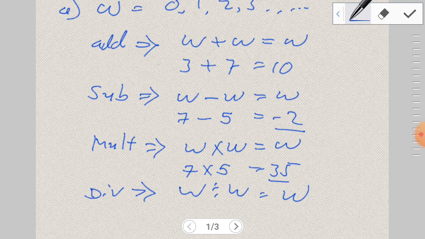Like if we divide 5 by 2, it is 2.5, or we can say 5 upon 2.